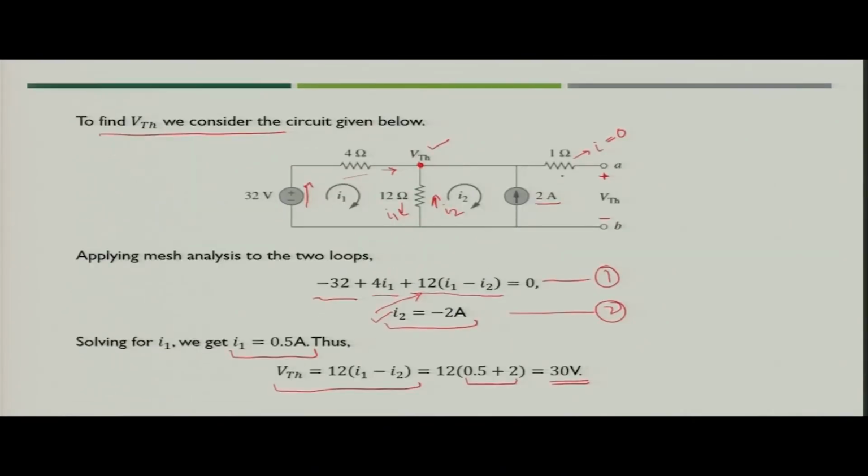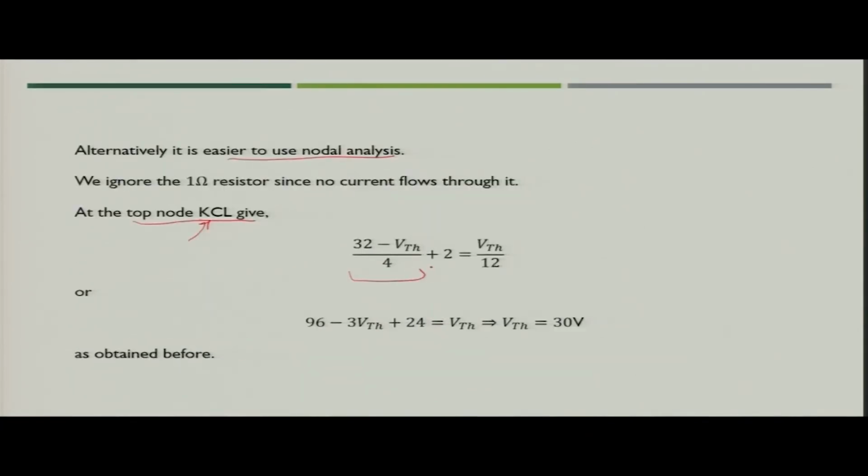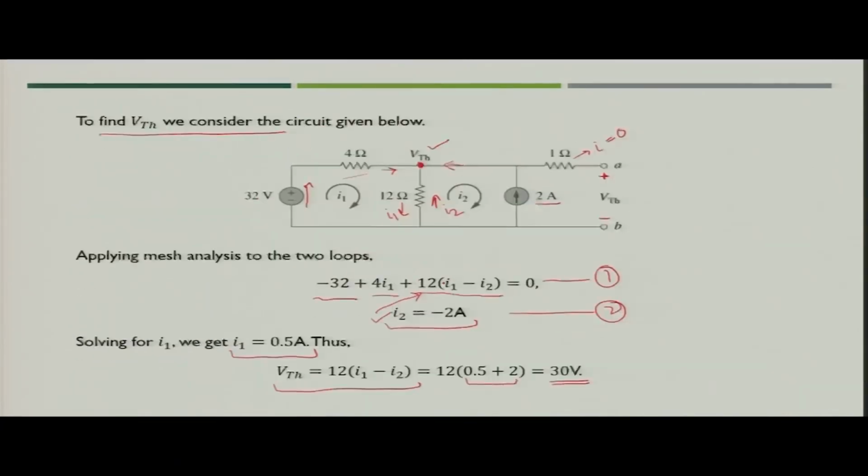Then next is 2 ampere current which is flowing in this direction. So, you can simply put the value of 2 ampere. Third is the current which is flowing in this direction. So, the current flowing in this direction would be sum of these two currents.